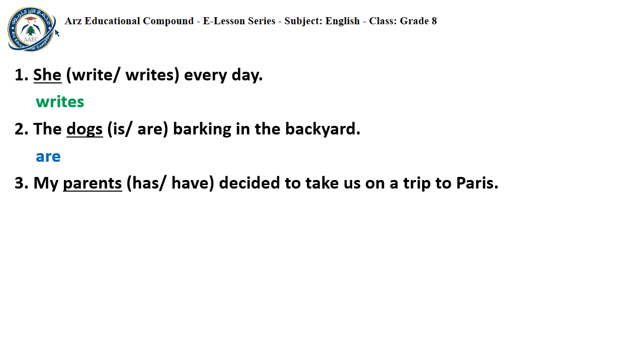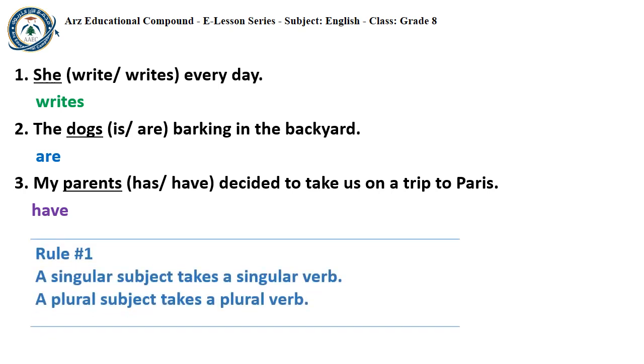The subject is parents. It's a plural subject. The verb should be plural. My parents have. So, what's the first rule of subject-verb agreement? Rule number 1 says that a singular subject takes a singular verb and a plural subject takes a plural verb.